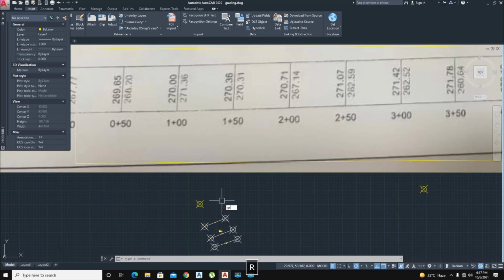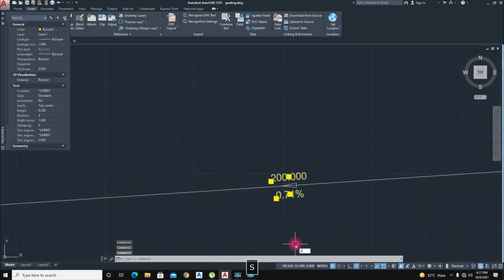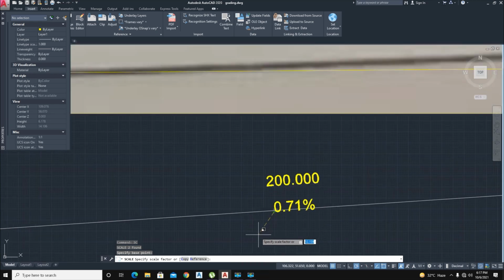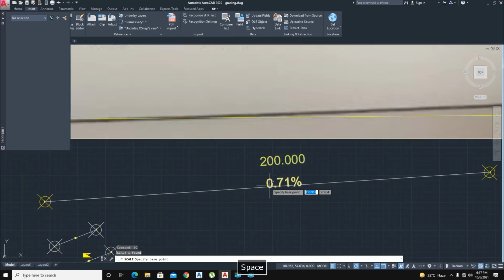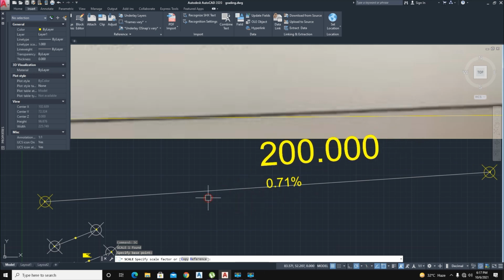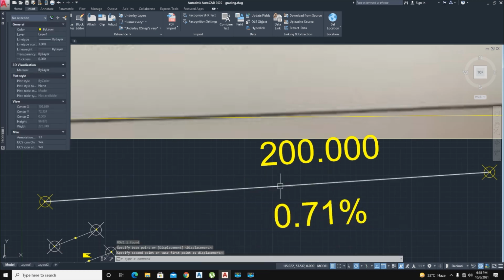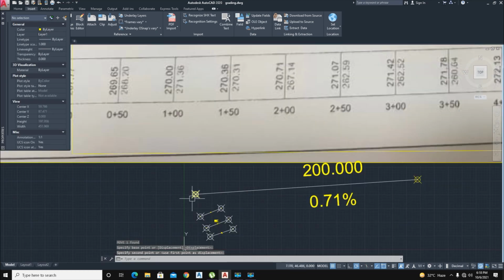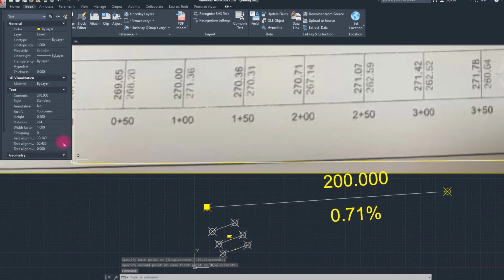We type grade again, select the first and second point. We scale this value. Look, we have the elevation of the first point.